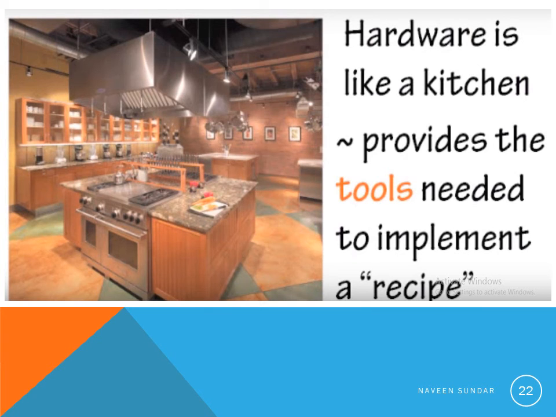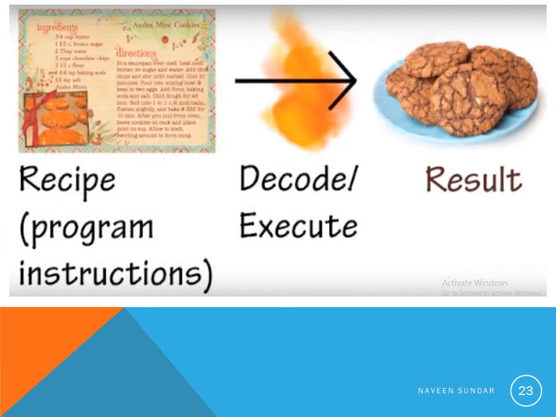It provides the tools that are needed to implement a recipe. On the software side, we are preparing the recipe, which is considered the program instructions that will be decoded, and finally we execute it, forming the result. That is the cookies we are going to make, which is considered the final result.